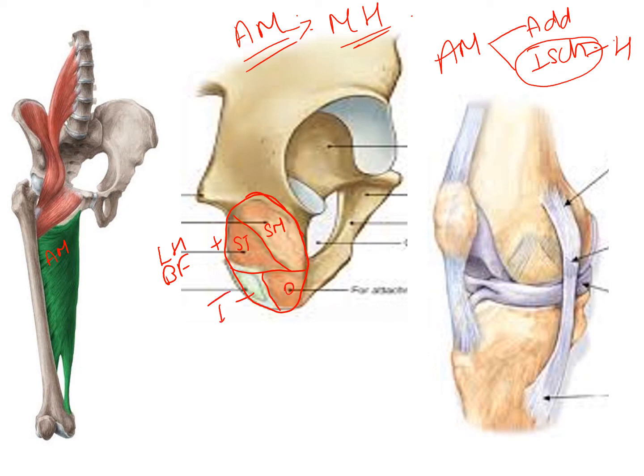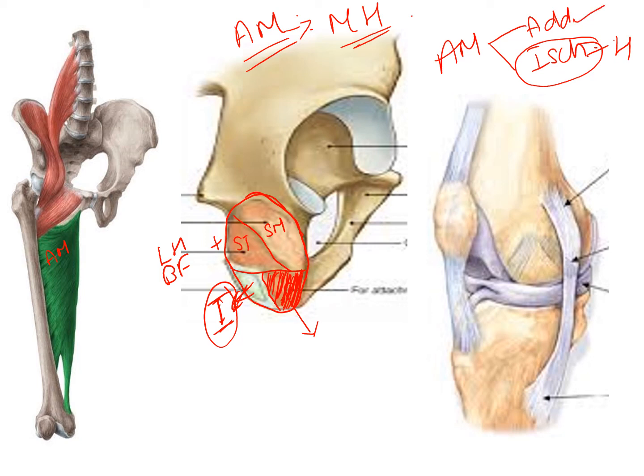So the ischial component of the adductor magnus arises from the outer aspect of the lower triangular area of the ischial tuberosity. The inner area is subcutaneous and this is where we sit and leave our weight.